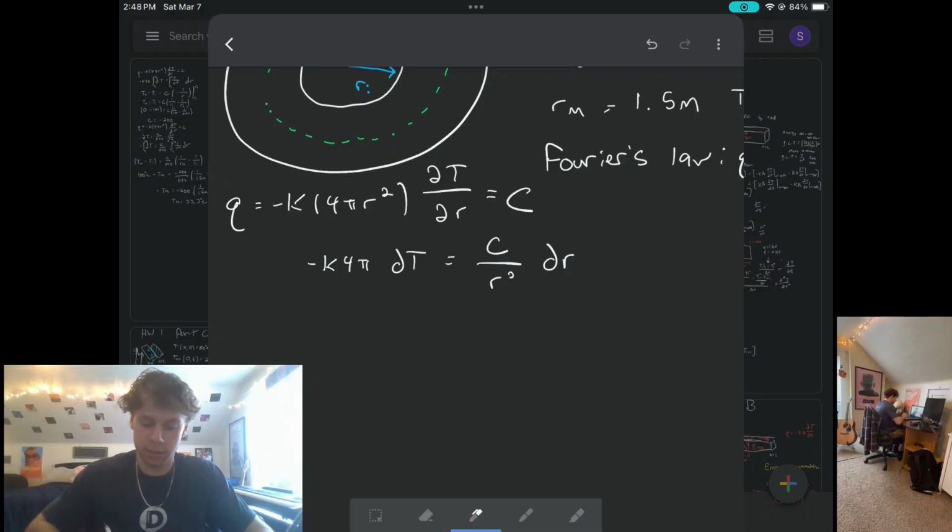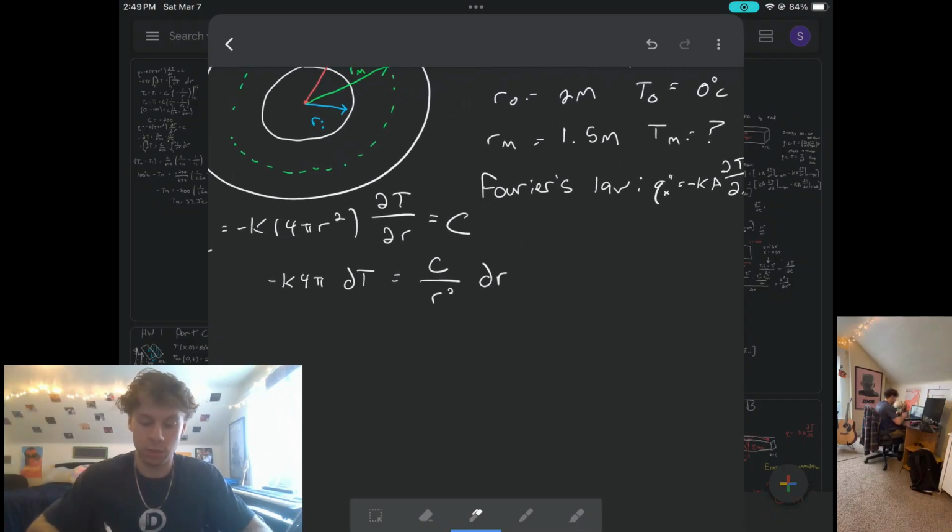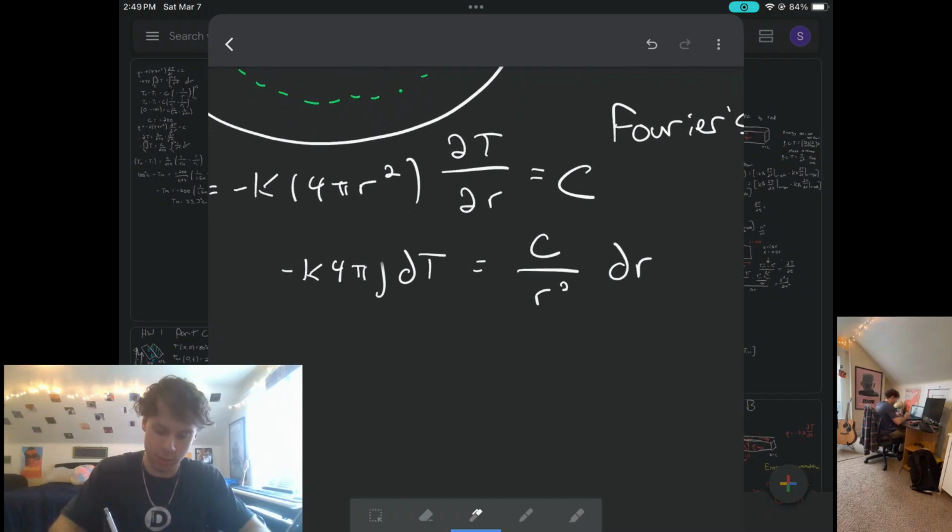Currently we're taking the derivative of our temperature and radius terms, so in order to get into units of temperature and radius, we'll have to integrate both sides.